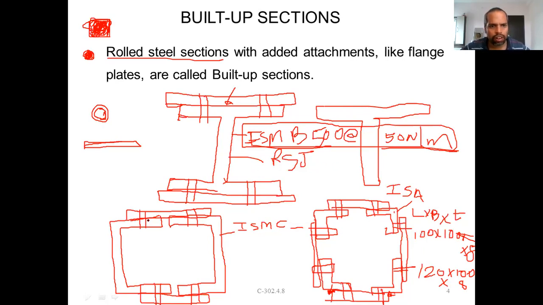Now, where is the plate attached? Let us say this entire section is a 500 beam. ISMB 500 means it is up to this point. This is ISMB 500, a single section.